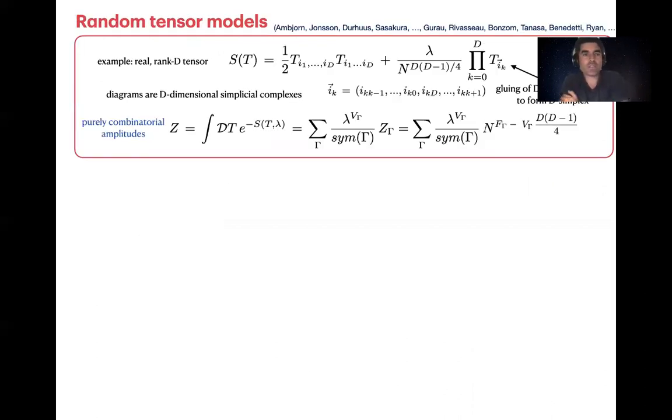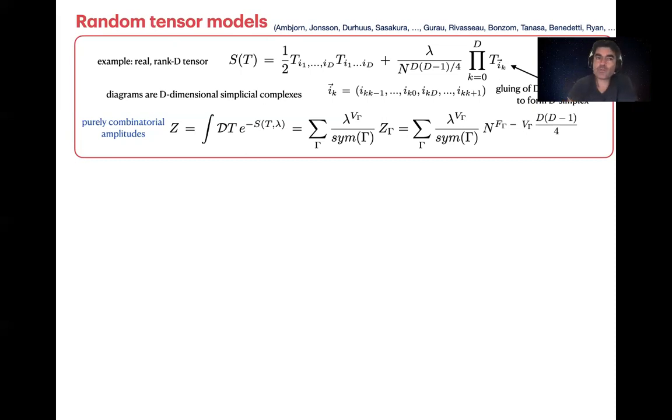Let's look first at random tensor models. Let's consider a general case of simplicial interactions, but with rank D tensors.